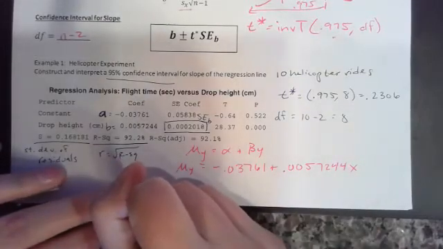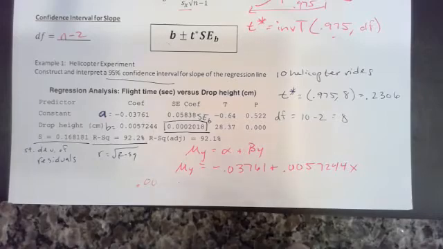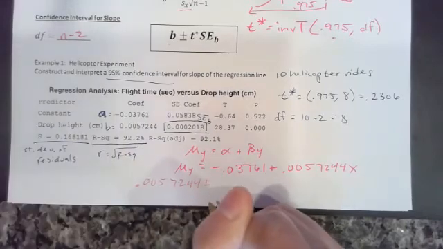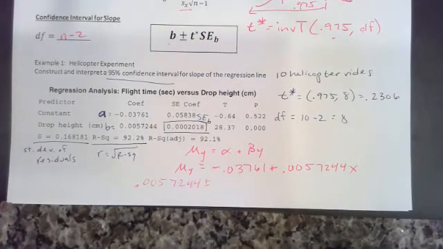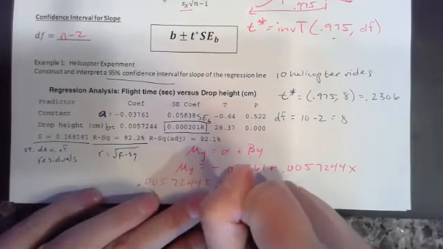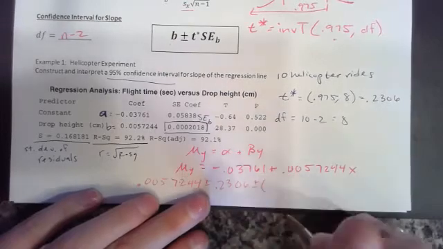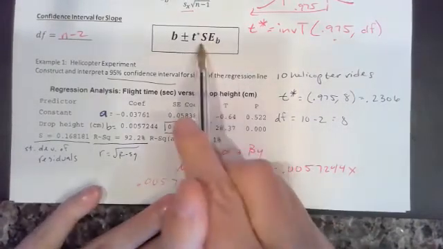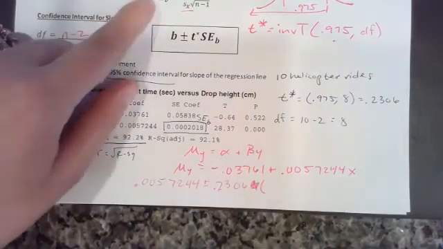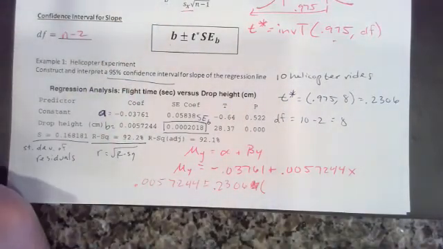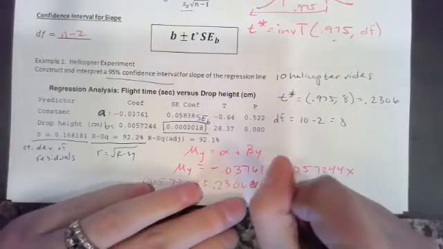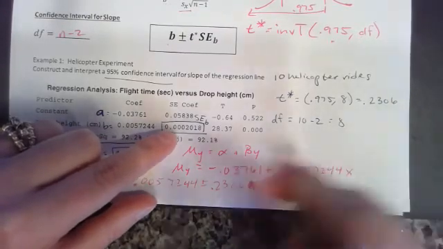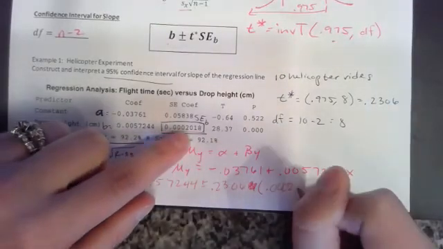I take 0.0057244 plus or minus, and now I'm going to throw on my t star, 0.2306, times the standard deviation of b, which we know the equation for, and it comes out to be 0.0002018.